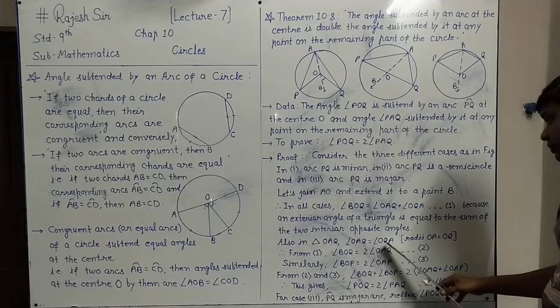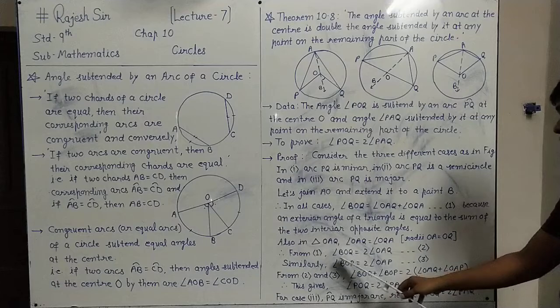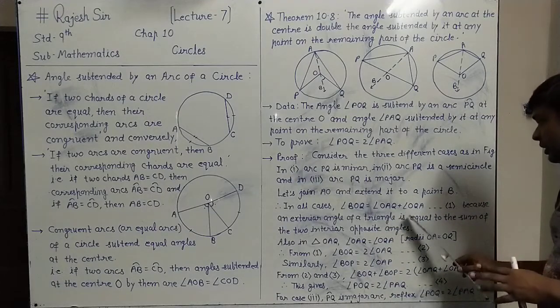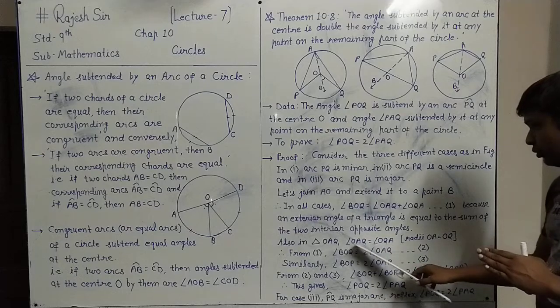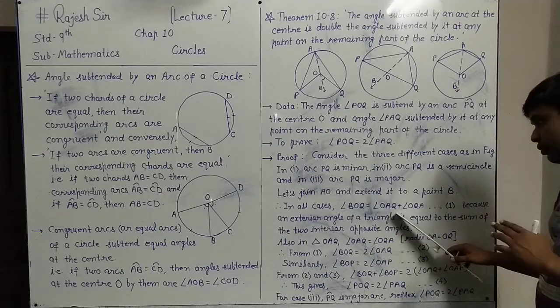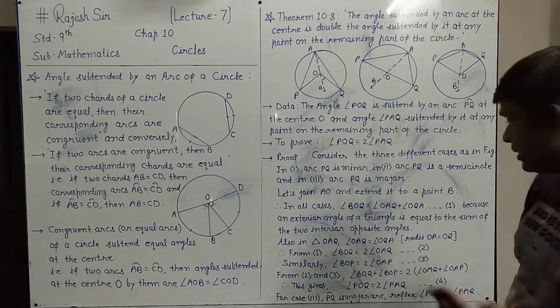So if we use this relation in equation 1, from 1, angle BOQ equals angle OAQ plus OQA. In place of OQA, if we consider OAQ, it will be OAQ and OAQ. Angle OAQ plus angle OAQ will be 2 times angle OAQ.